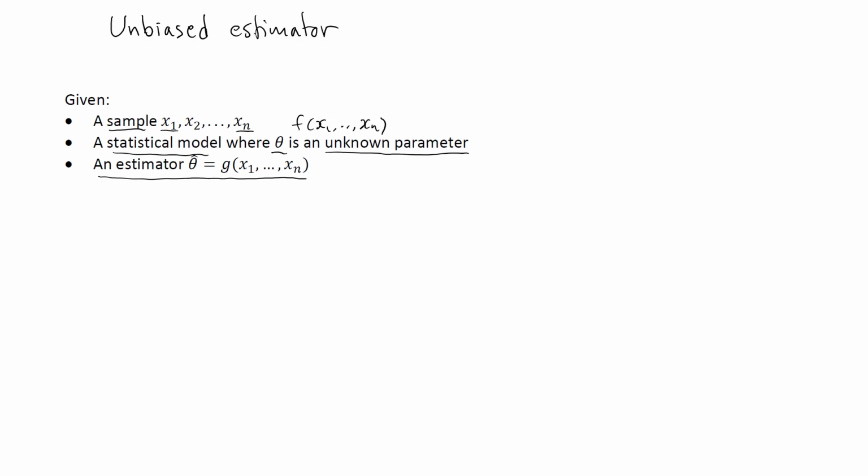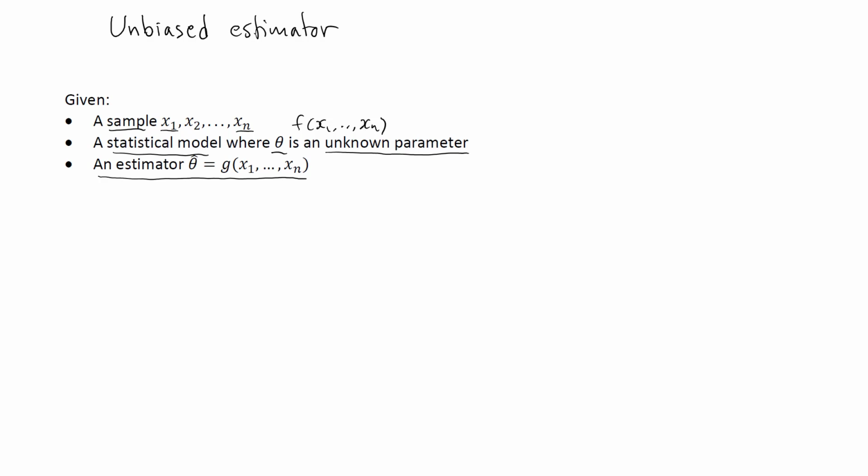In this game, the number that you are supposed to guess, theta, has been used in the simulation of the sample, and you know exactly how it has been used. For example, you may know that in the simulation, the expected value of each sample point is this unknown number, theta.